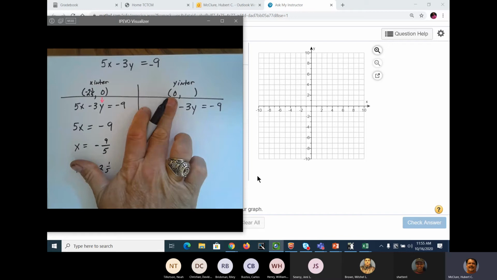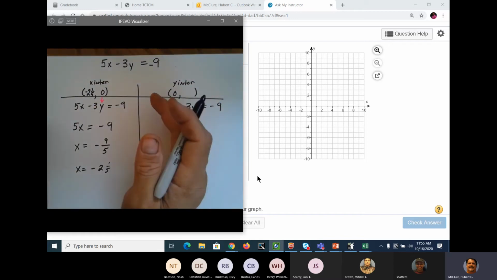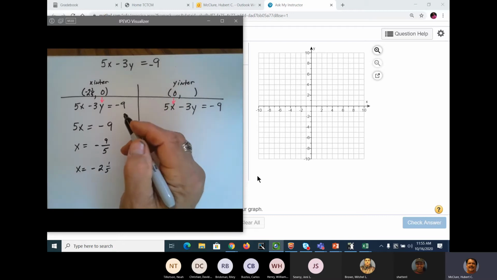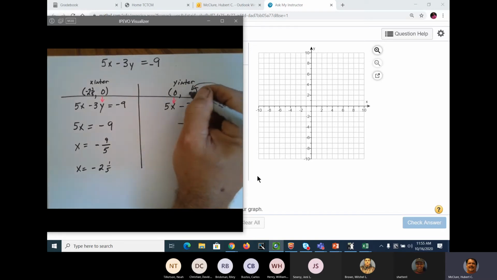That leaves -3y. I'm just wondering if I did the math right. Did I write it down right? I'm gonna make sure. And -3y is equal to -9. Y is equal to +3. Now, see, that's right.